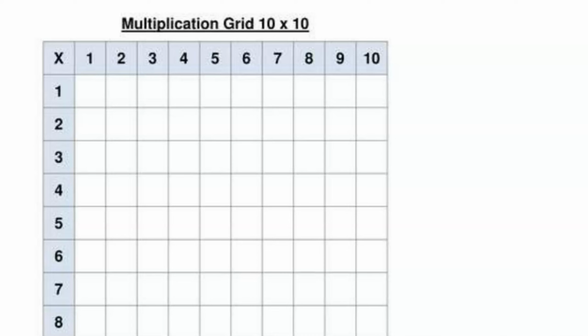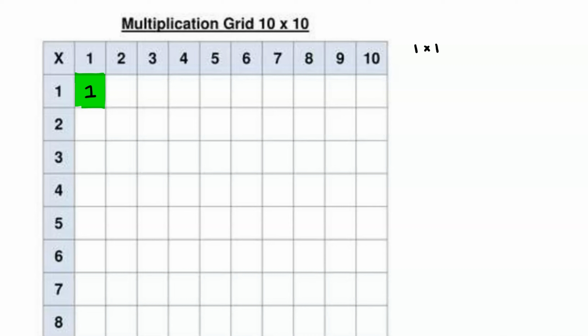So in this first box here, I'm going to do 1 times 1. So 1 times 1. So that means I have one row with 1 penny. So there's 1 penny.